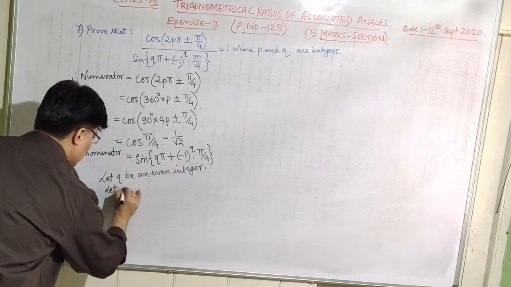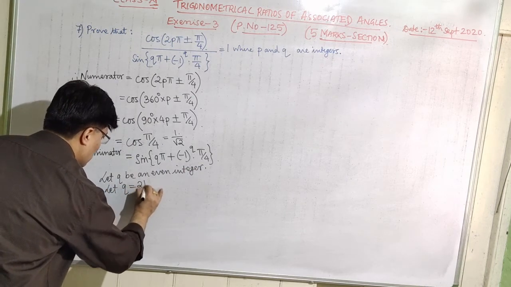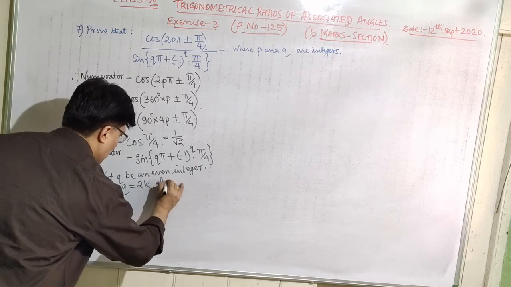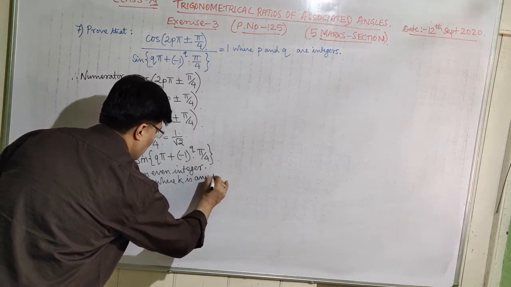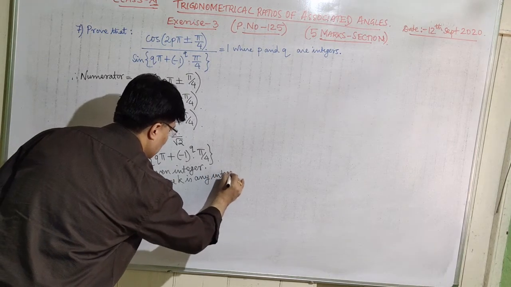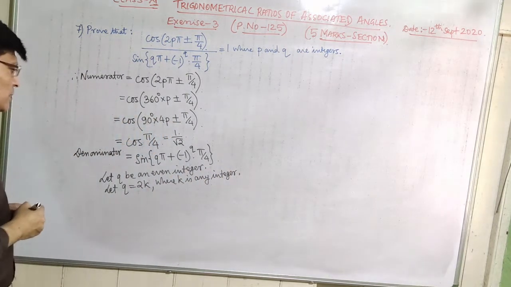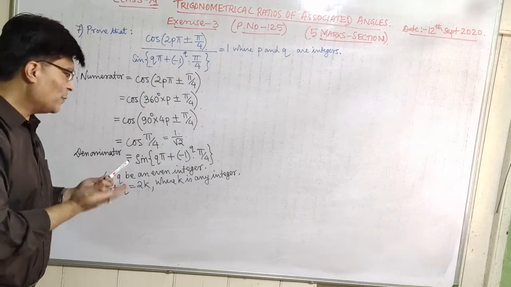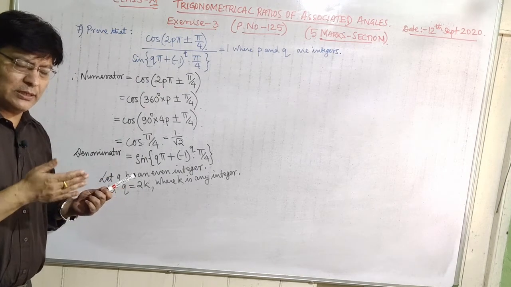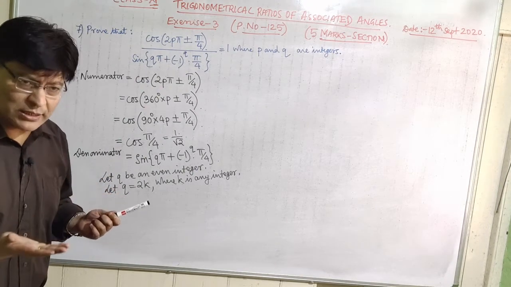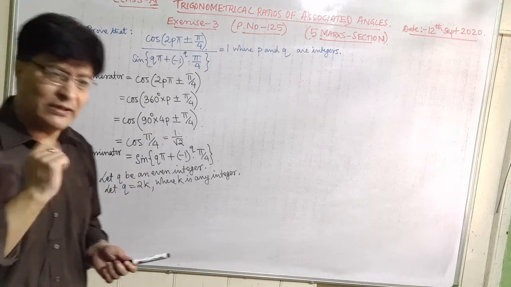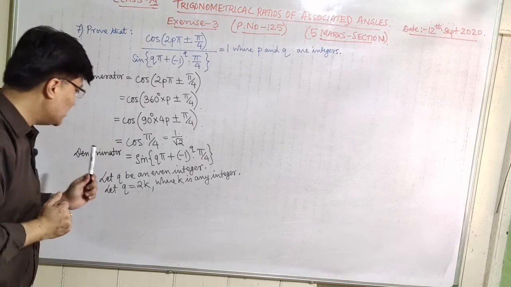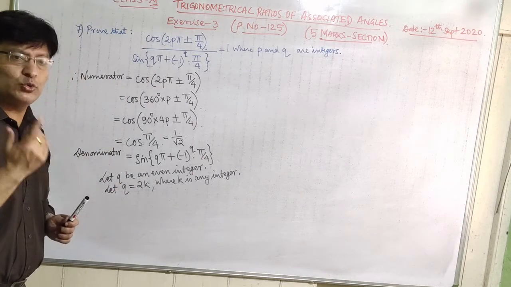That means you can assume q equal to 2k, where k is any integer. Whatever the value of k, even or odd, if it is multiplied by 2 it is always an even integer. So an even integer can be assumed as 2k.